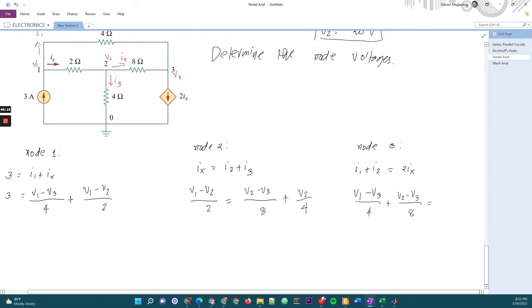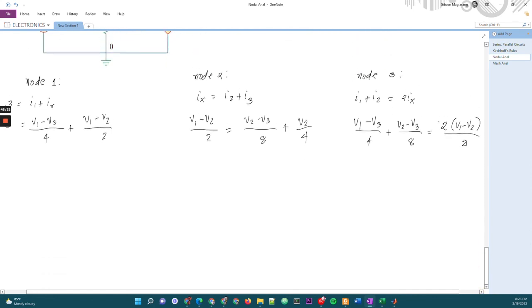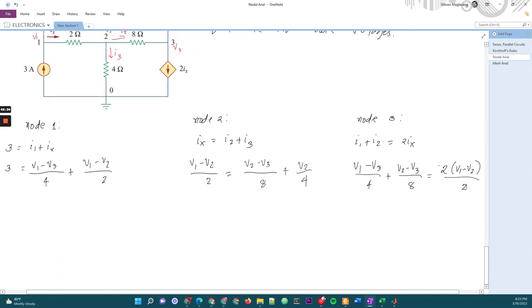Ang I3 na nato would be have Ix, 2 times V1 minus V2 over 2. Okay? So, naa na siya nato tulo ka equations.